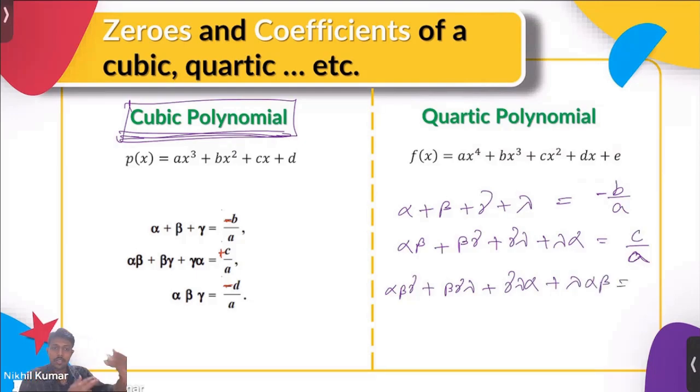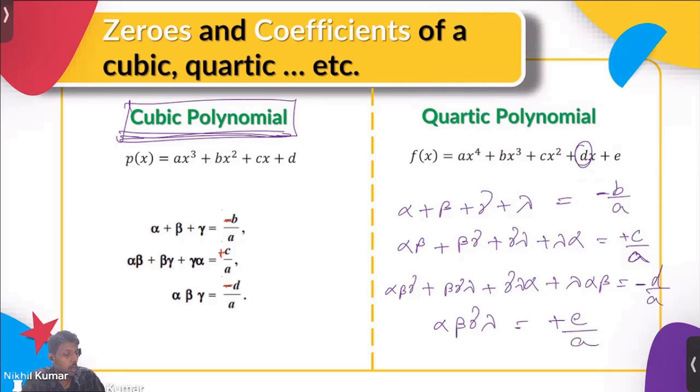This is equal to, now the signs will alternate. Here we had minus, here we had plus, here again we'll have minus, and d will come next. So minus d upon a. And finally, the product of alpha, beta, gamma, lambda is plus e upon a. So that's how the relation unfolds.